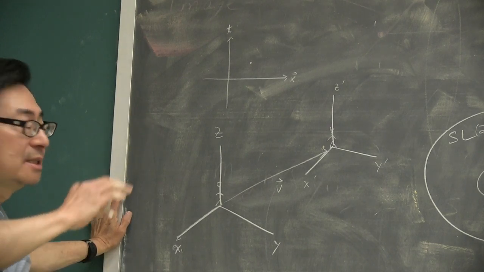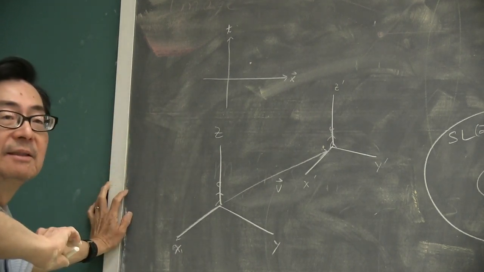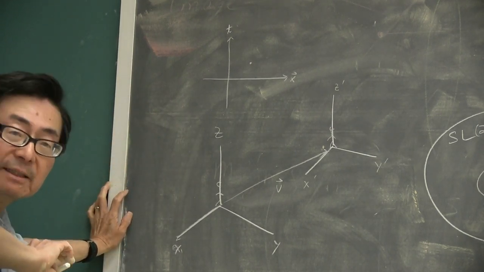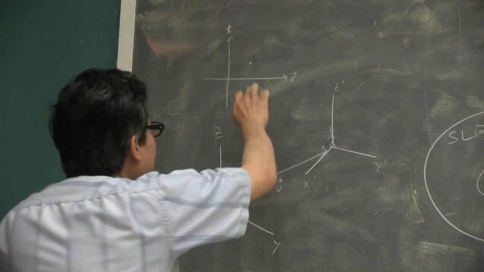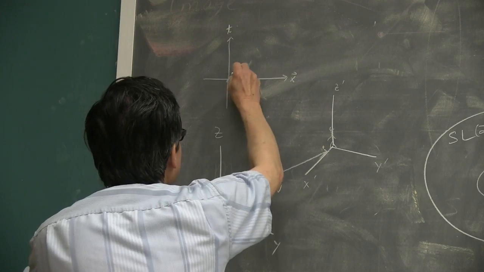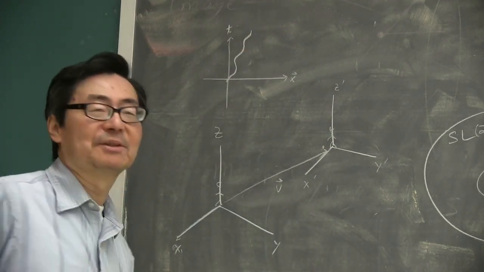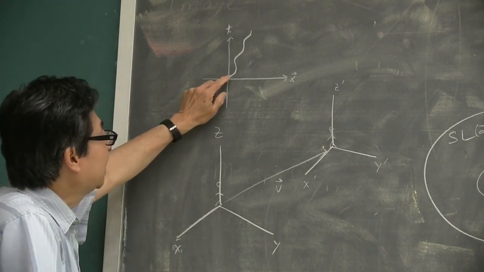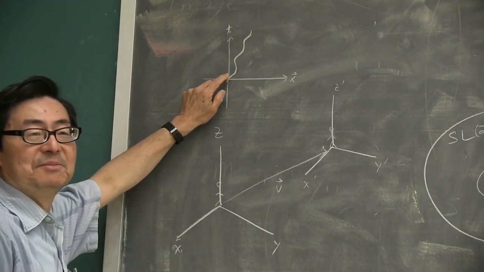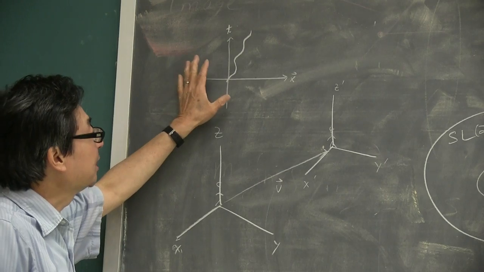And so a physical process is represented by a world line, in the physics language, so to speak. The world line, you may have something that starts off in here, some world line like that, okay? A world line says where the thing is at what particular time with respect to some frame.